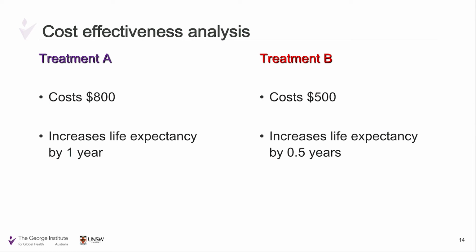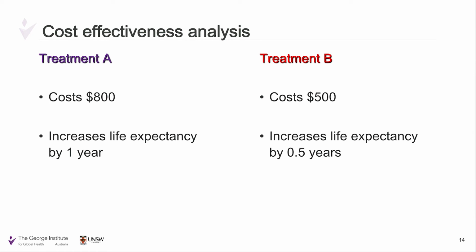So we have, once again, that example of treatment A versus treatment B. Treatment A costs $800 and increases life expectancy by 1 year. Treatment B costs $500 and increases life expectancy by half a year. So in this instance, we could probably assume fairly safely that treatment B is probably the status quo option, the standard care, the usual practice option.